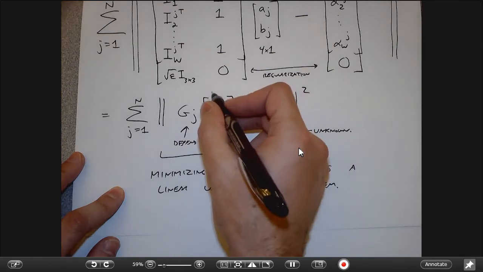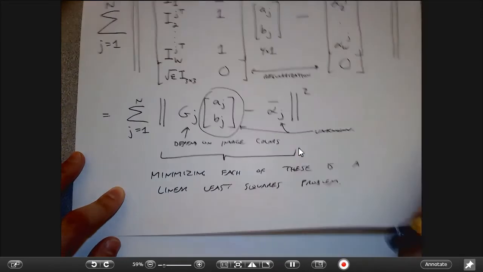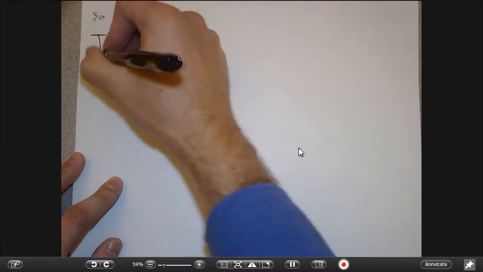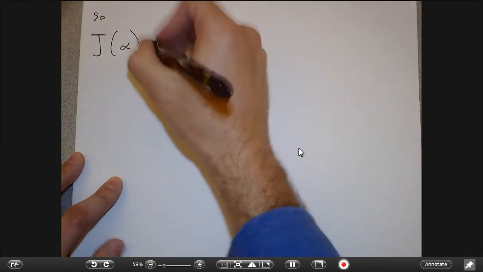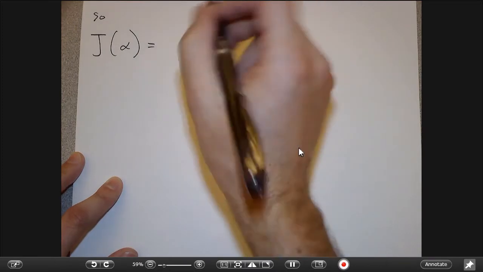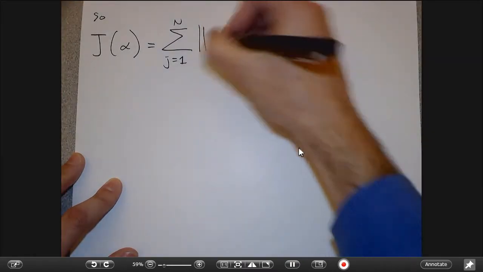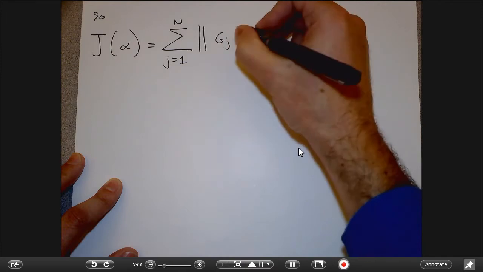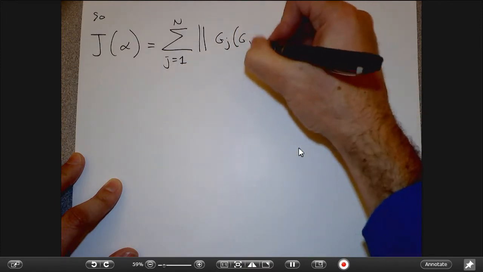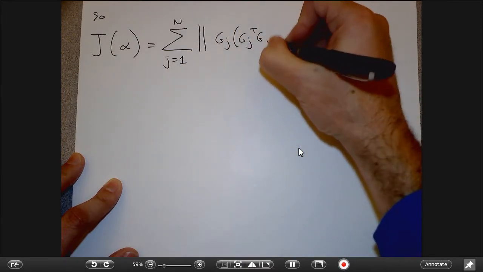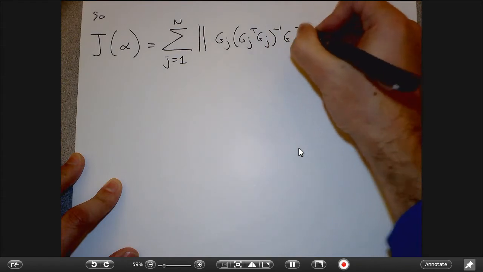And so I'm going to plug in what I know here. So I basically have a new function that only depends on alpha that says that I sum over all the pixels in the image this thing. I have Gj times what I know would be the optimal solution.